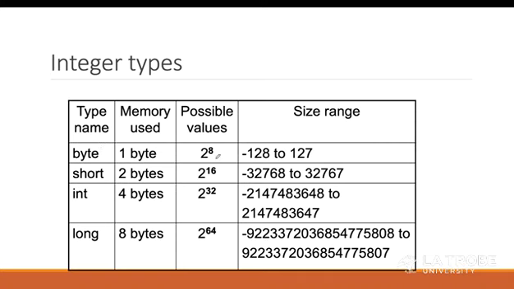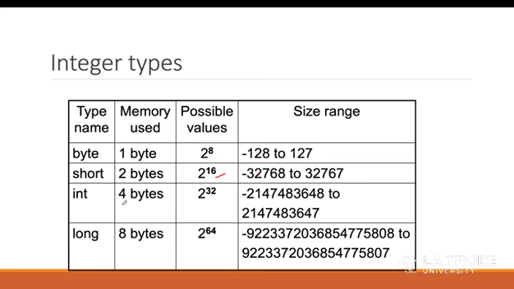So the possible values are 2 raised to 8, and the range of the byte type is from -128 to 127. For short, it uses 2 bytes of memory, and 2 bytes equals 16 bits, so the possible combinations are 2 raised to 16, and the range is from this to this.